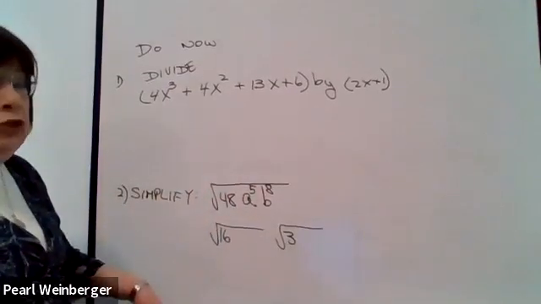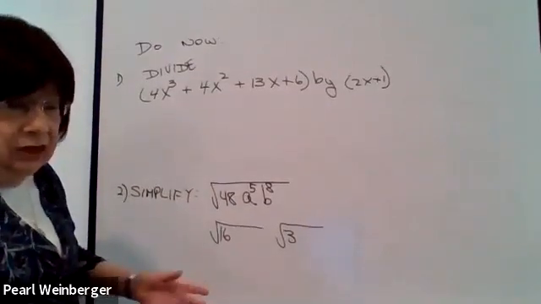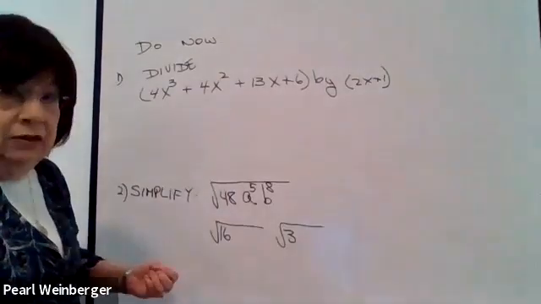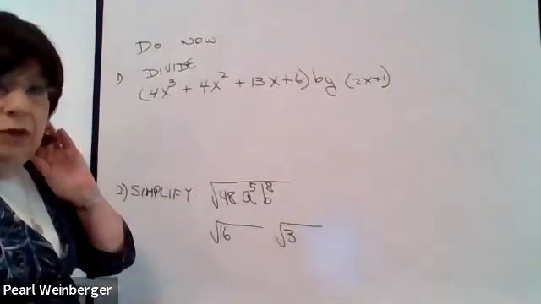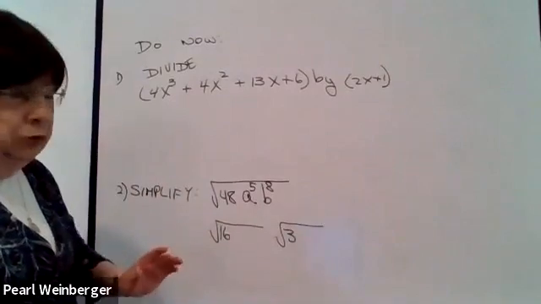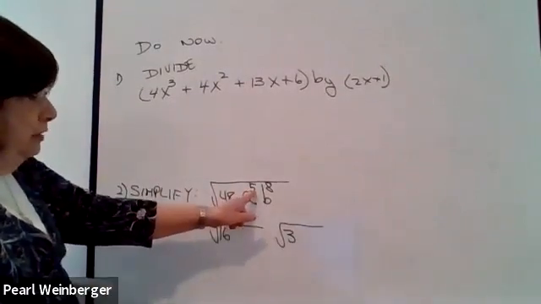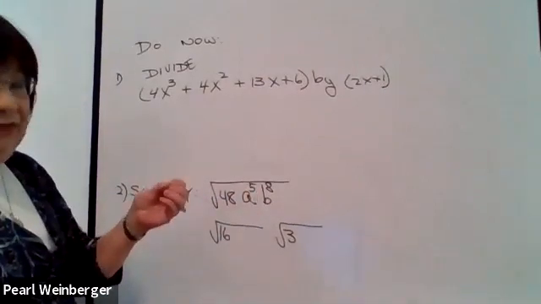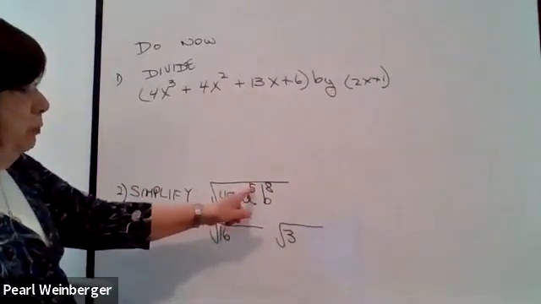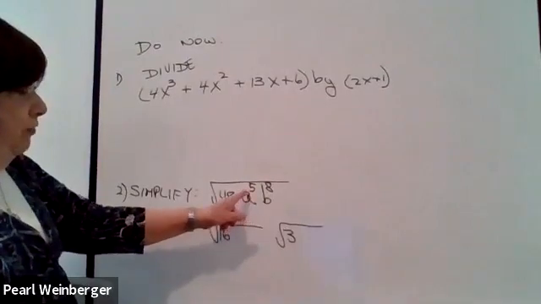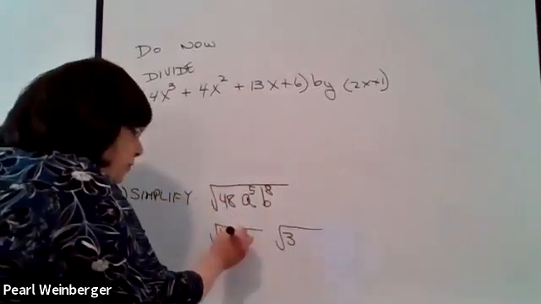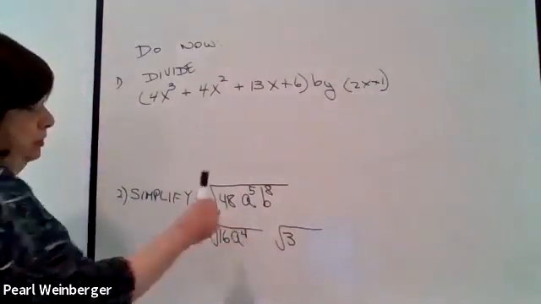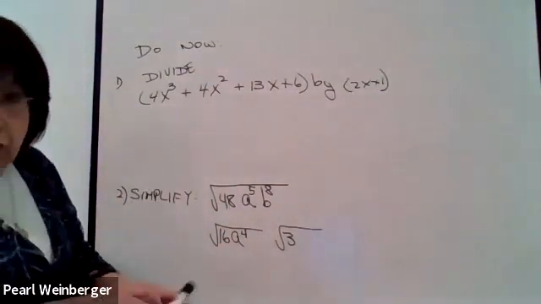Now, there's nothing wrong with fractional exponents, but when you want to simplify, you only want to have whole number exponents. So if your exponent does not divide evenly by 2, in other words it's not even, then you break it up. The a to the 5th, you take one away from it, you're left with a to the 4th, which is a perfect square because 4 is divisible by 2.